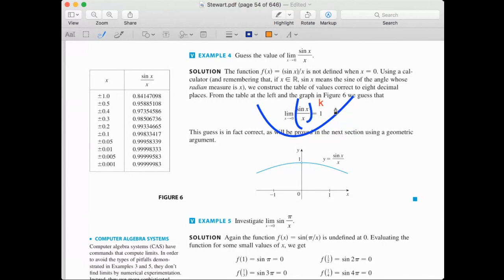K can be positive, K can be negative, but K cannot be 0. K is an integer.